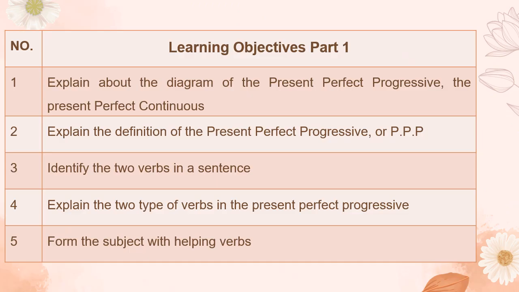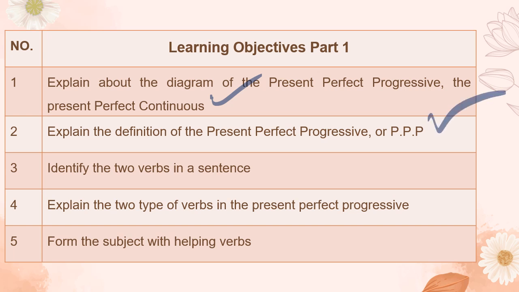Learning Objectives Part 1. After taking this course, you should be able to: Number 1. Explain the diagram of the present perfect progressive or the present perfect continuous. Number 2. Explain the definition of the present perfect progressive or PPP.